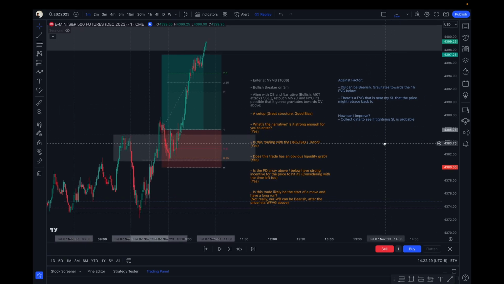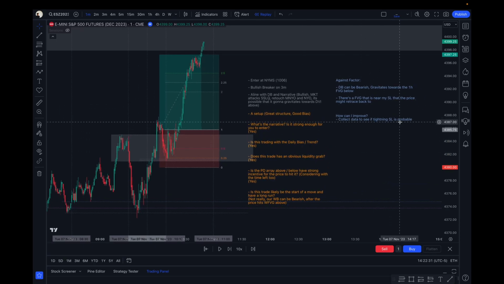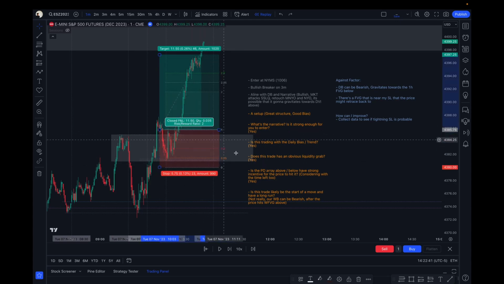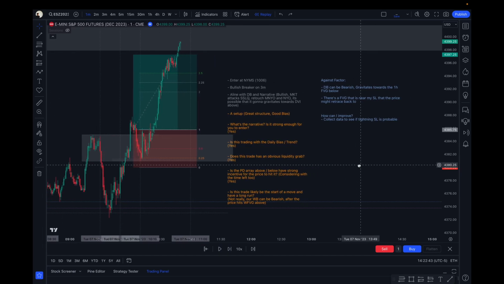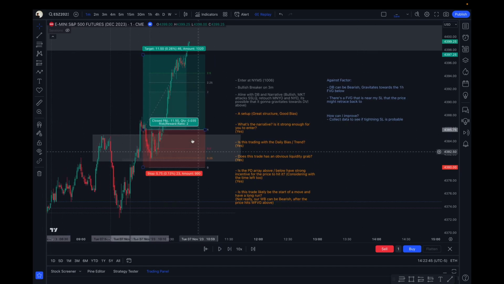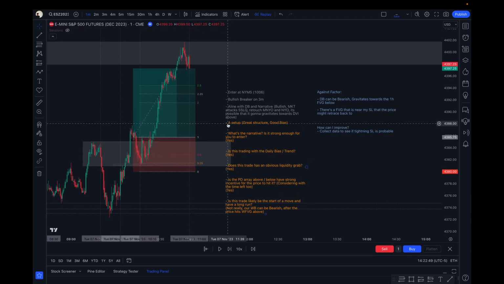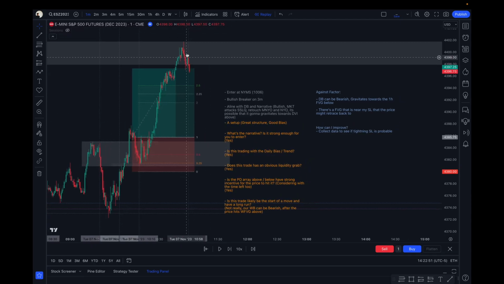And I'm gonna collect data to see if tightening the stop loss is probable. In this case, it's not. If we place our stop loss right here, we're stopped out because of the spread. So yeah. And then we're gonna keep seeing how the market performs to 11. The market completely fulfilled this daily volume imbalance.